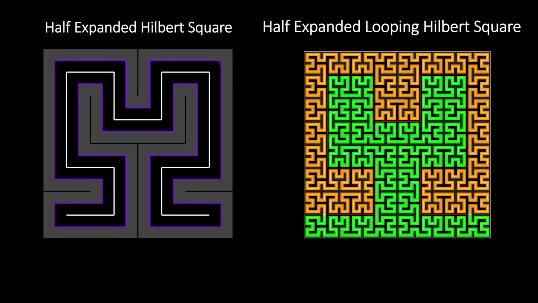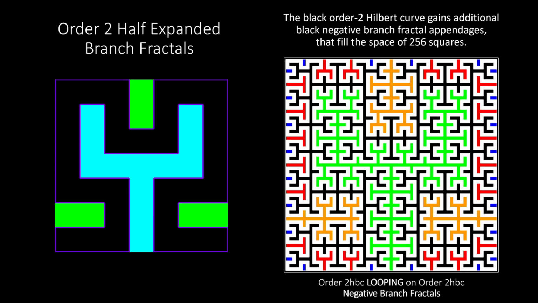And here we have half-expanded order 2 Hilbert curves, looping on an order 2 Hilbert curve. These are the negative branch fractals of order 2 Hilbert curves looping on an order 2 Hilbert curve. We can see the order 2 Hilbert curve in black, but now it has gained these additional black negative branch fractal appendages that fill a higher resolution of squares.